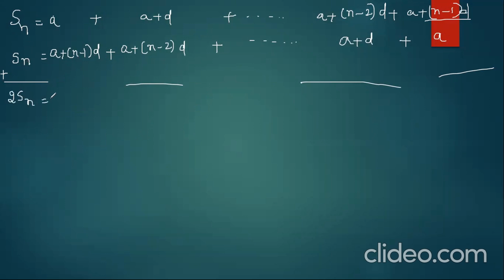If you observe the similar terms, adding from the top and bottom, this is 2A plus (n minus 1) into D. Then you would have to take common terms and so on, so this is the easy way I am doing.